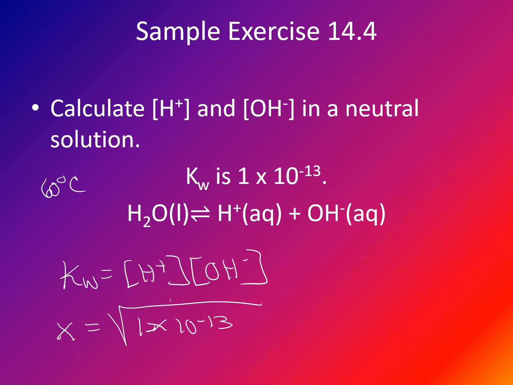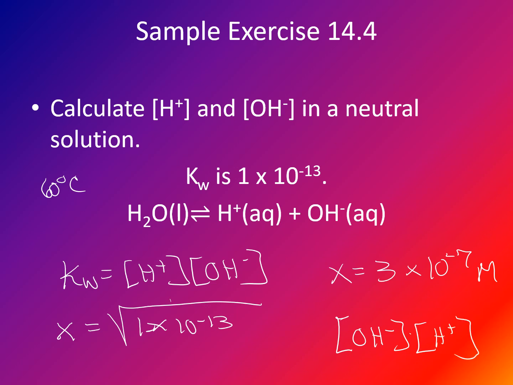Kw is equal to X squared, and our X is equal to 3 times 10 to the minus 7 molar, and that is our concentration of hydroxide as well as hydrogen. Those are all equal to our calculated molarity.